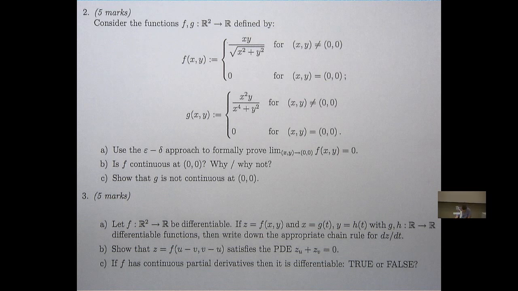Yes? Yeah, the two-path test. So part C is pretty much just showing that the limit of G as you approach the origin doesn't exist by the two-path test. So there's no way that limit can equal 0. If the limit doesn't exist, it can't equal anything. So let's have a go at that.